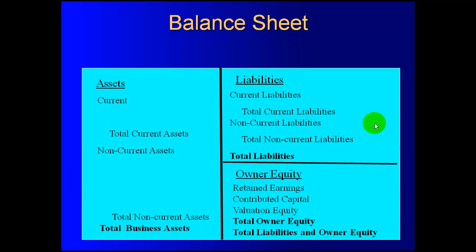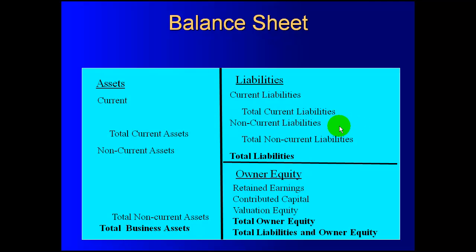Similar for liabilities over here. Current liabilities are going to be obligations that you would owe within the next year. These would include accounts payable, like bills for your twine, your feed that you would owe right now. Accrued property tax that you have to pay. It would include interest that you've accrued on your debt, and principal payments that you need to pay within the next 12 months.